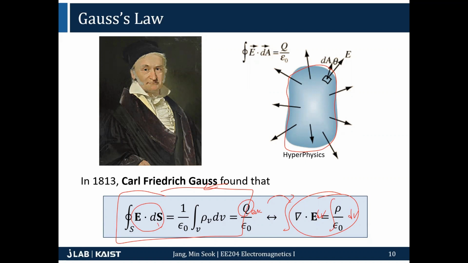Instead, I want to focus more on what I think is important, which is symmetry argument. So let's begin with the Gauss theorem and apply it to the problems that we already solved using Coulomb's law.